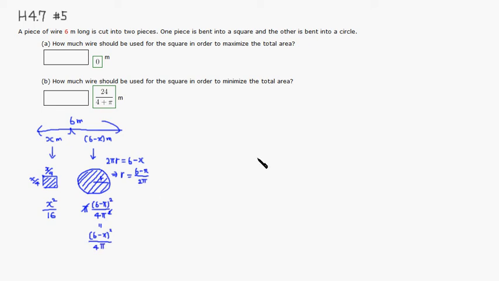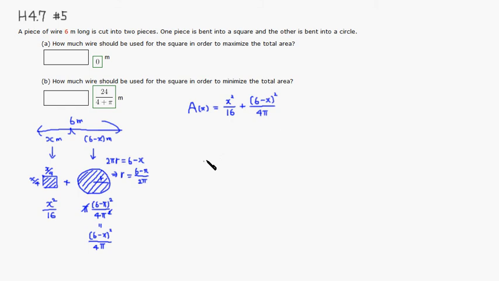The total area is a combination of those two areas, so we have to add them up. We're going to have an area function, let's call it A of x, which is equal to x squared over 16, that's one of them, plus (6 minus x) squared over 4 pi.